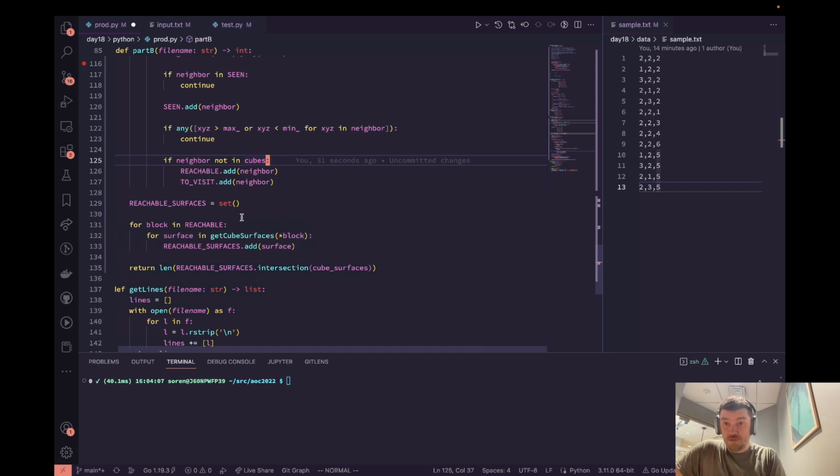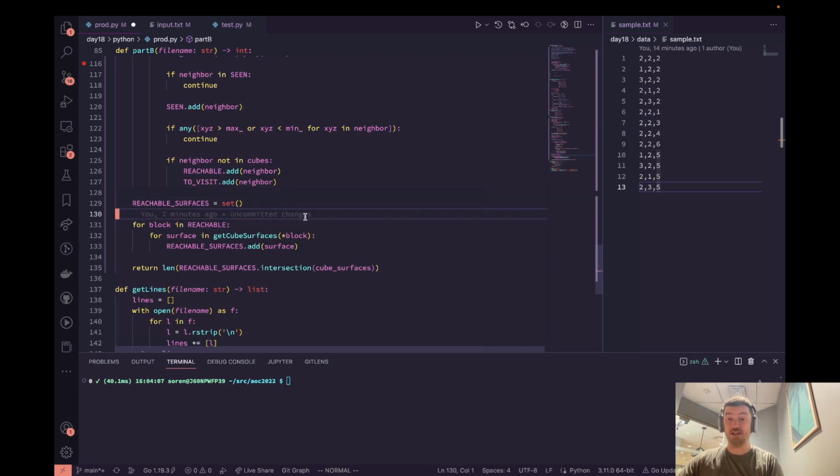And then reachable contains every single point in the coordinate system that is reachable. So that is anywhere that this steam or water, whatever it is, can get to. And then we do kind of the same thing again.